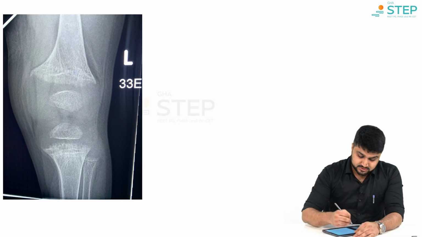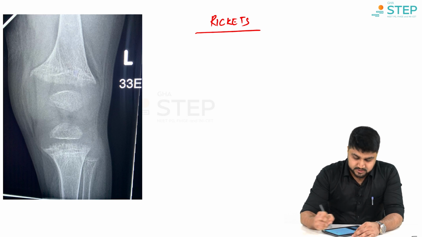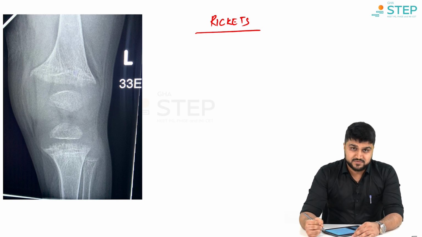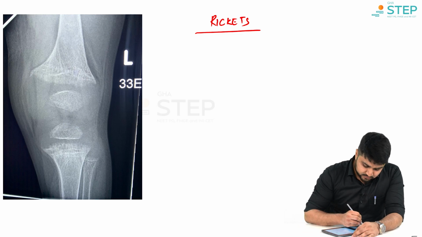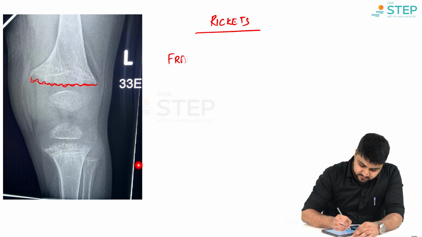Next, we will go through the radiological findings in vitamin D deficiency, or rickets. Rickets, as we have discussed, affects the zone of provisional calcification. There is not adequate mineralization in this area and hence the edges are not well defined, and these ill-defined edges are known as fraying.